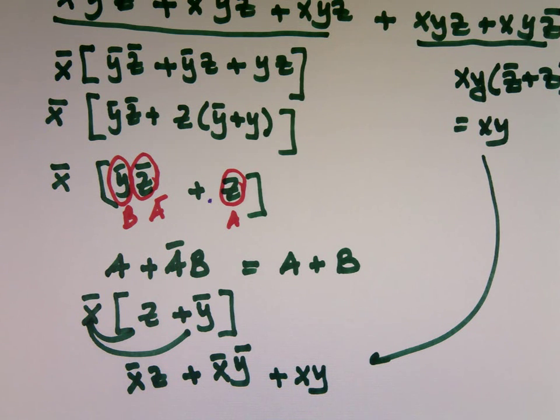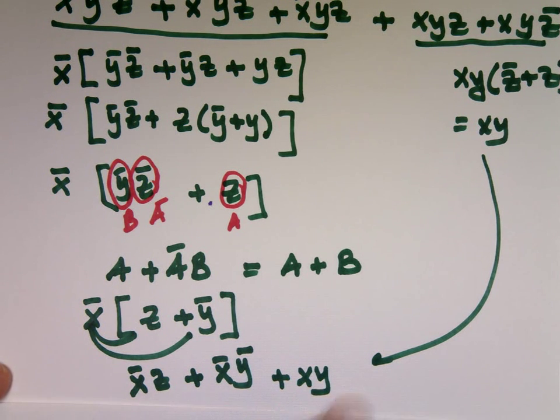Notice he has a different answer than mine, but it's the same number of gates. And by the way, that's common. You'll see that soon enough when we show you a different way of doing it. You get to a point, I can take this with this, or I can take this with that. Which way you want to go? It doesn't really matter. It's up to you. I can go this way, I can go that way. And if you go this way, your answer looks different than if you go that way, but still the same number of gates.